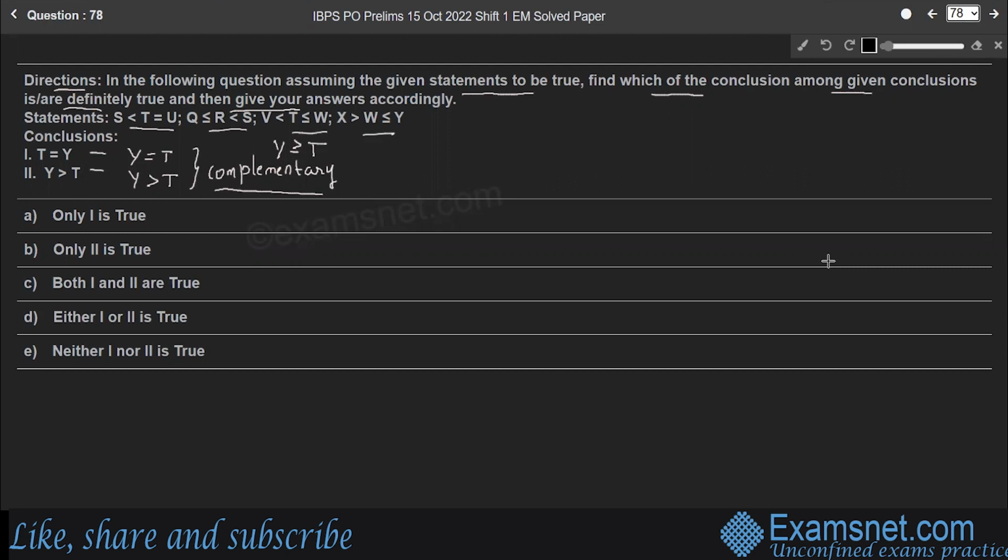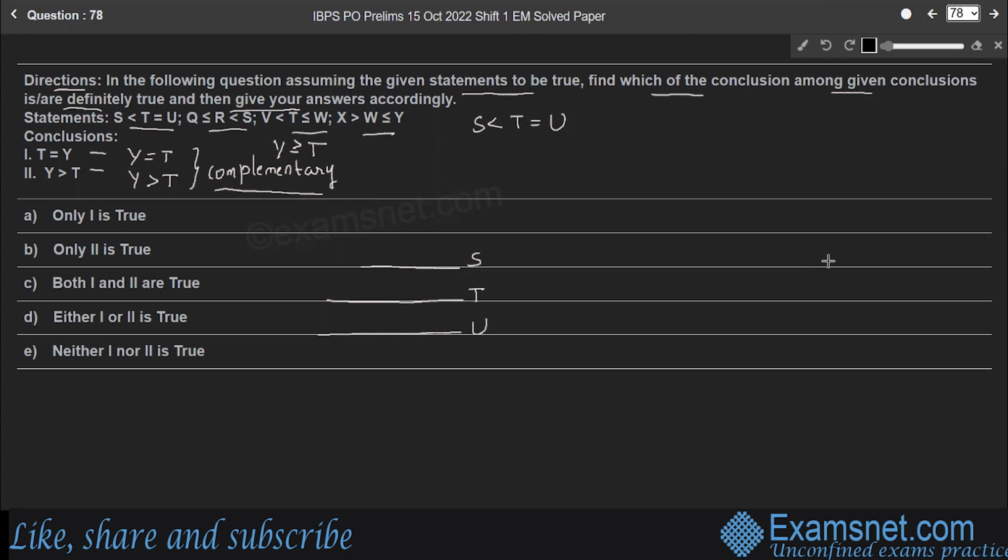For your better understanding, I'm going in detail. So here, s is strictly less than t, t is equal to u. Right? Consider s as a line which is less than t. And t is equal to u. Right?